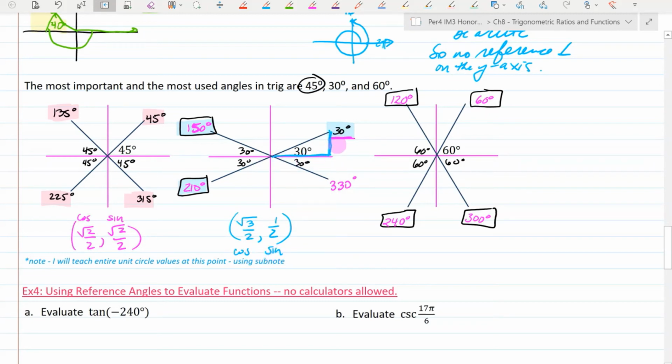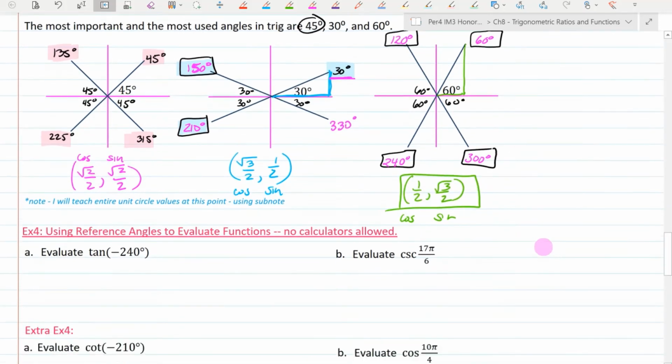So positive, positive, and it depends on what quadrant you're in, but for all of those angles. And then for the last one, you're going to have a short x and a long y. And those will be all the answers for cosine and sine in those quadrants, depending on the angle or what quadrant you're in. Sometimes these signs will change, positive, negative, and so on and so forth.